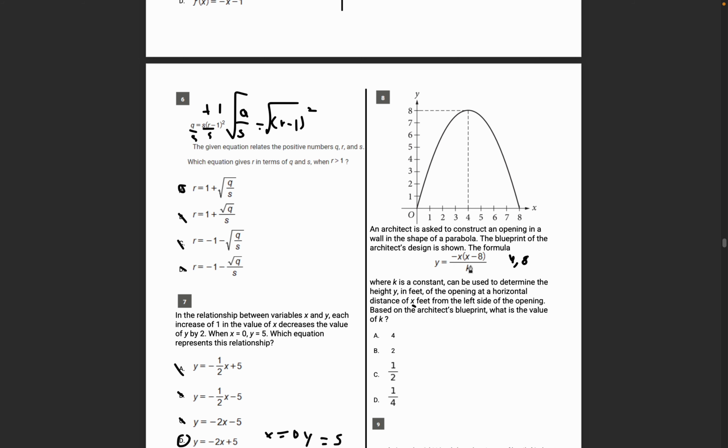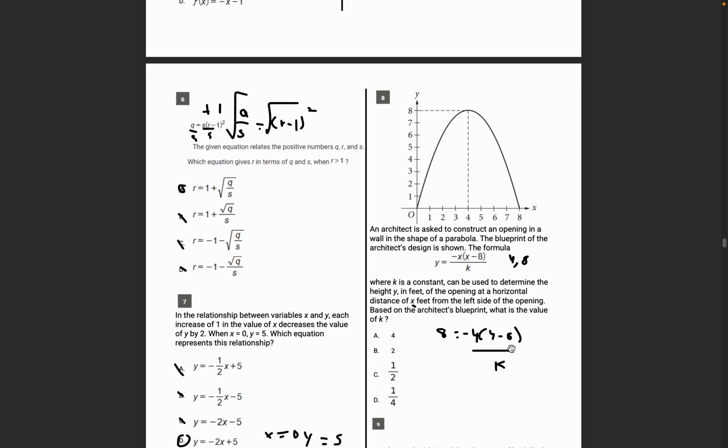So when y equals 8, negative 4 times (4 minus 8) over k. Negative 4 times 4, negative 16.